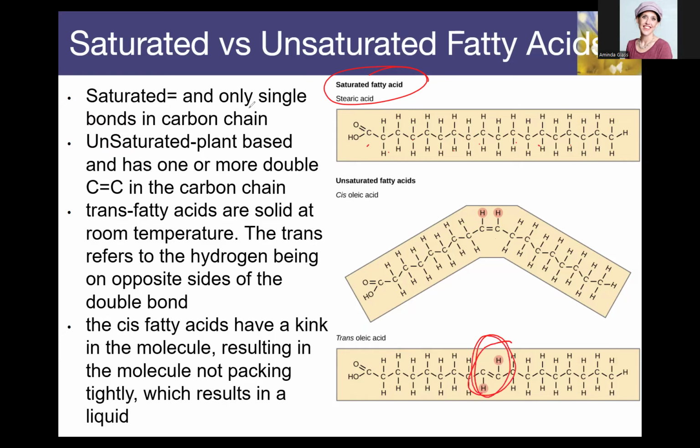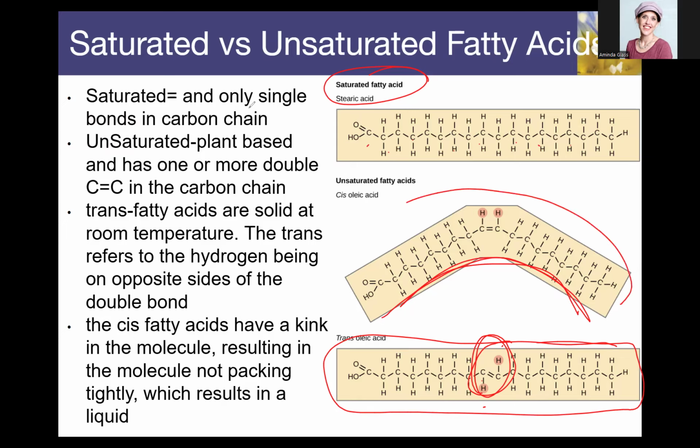A trans fat, sometimes you've heard of the trans fats, the hydrogens are on the opposite sides of the double bond. And so the trans fatty acids are able to just lie straight right here so that they can be packed more easily. The cis fatty acid, because of this kink, is going to be a liquid at room temperature, like your cooking oil. Because of that kink, they can't stack nicely.